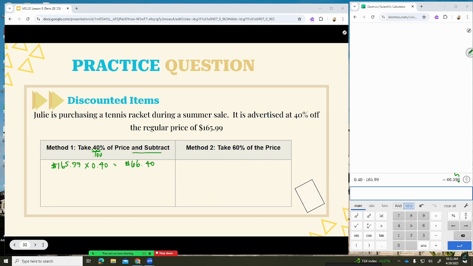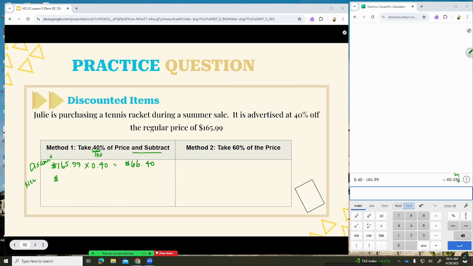Now we have to subtract. We have to take $66.40 off of the regular price, which means the discount is $66.40.